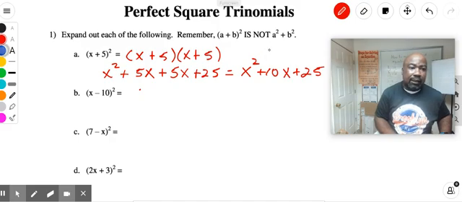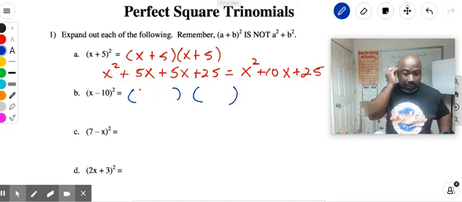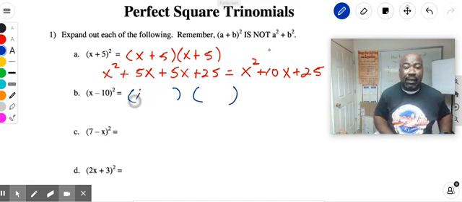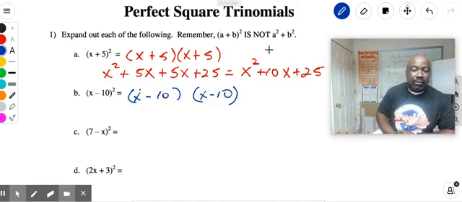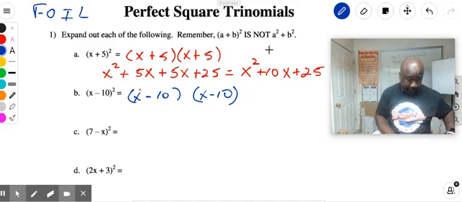I'll just change the color right here in case I try to do something different. So now what we have right here is x minus 10 times x minus 10. I'll bring it down here and FOIL it out. And remember FOIL, F-O-I-L, just means first, outer, inner, last.